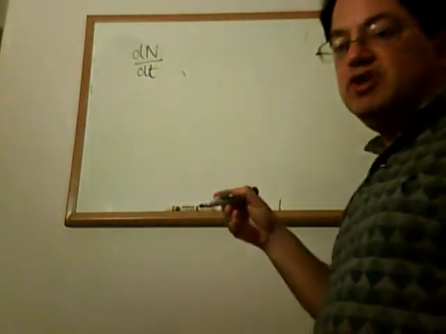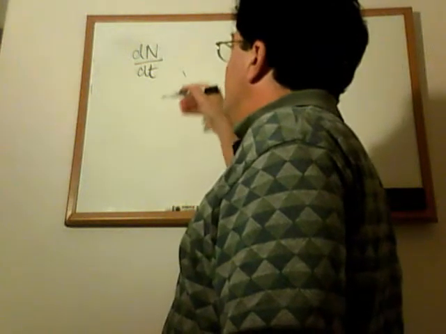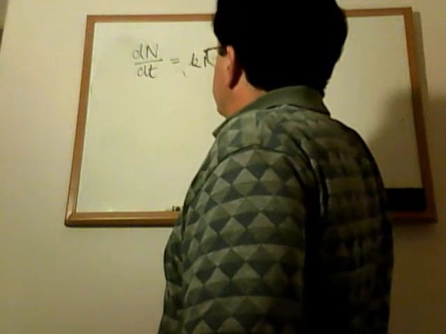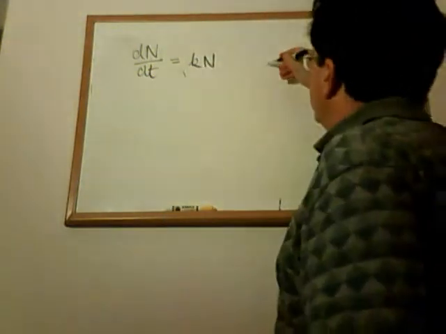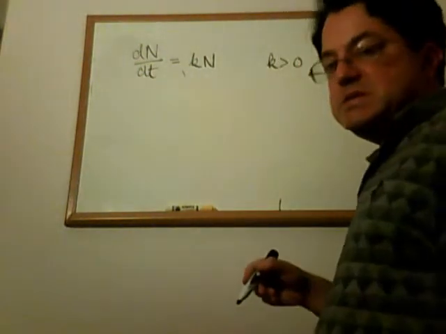But anyway, his model was you have dN/dt, where N is your population in a given region. So dN/dt is just the rate of change of the population with respect to time. And we said this was proportional to the population. So k is just the constant of proportionality, a positive constant.